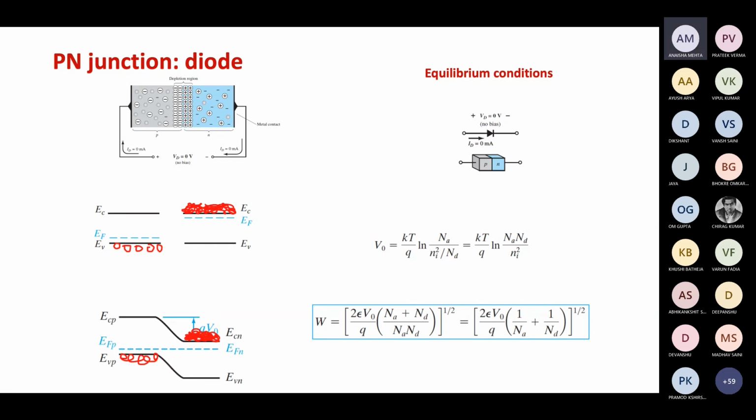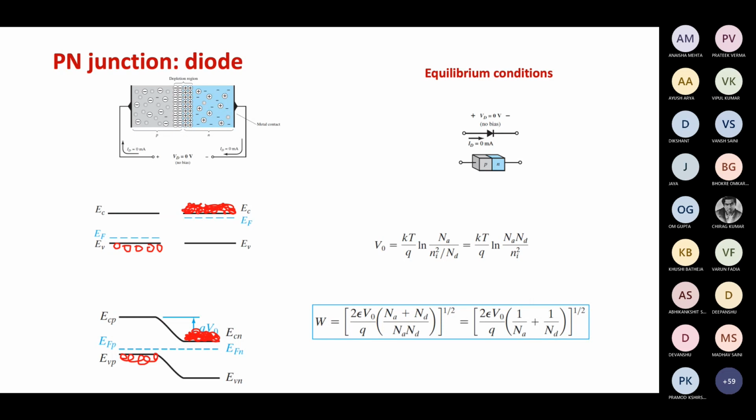So why can't the holes flow from EVP to EVN if the energy is decreasing? Yeah, that's what I was actually expecting that somebody would ask. The barrier for electrons is a valley for holes, and the valley for holes is a barrier for electrons.